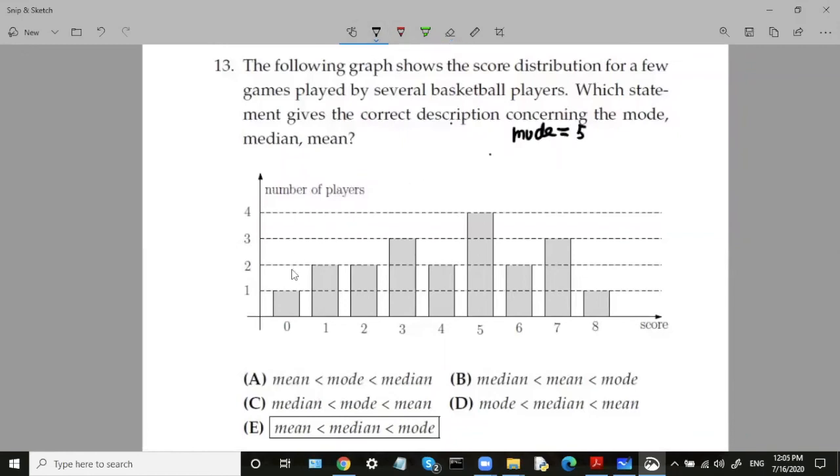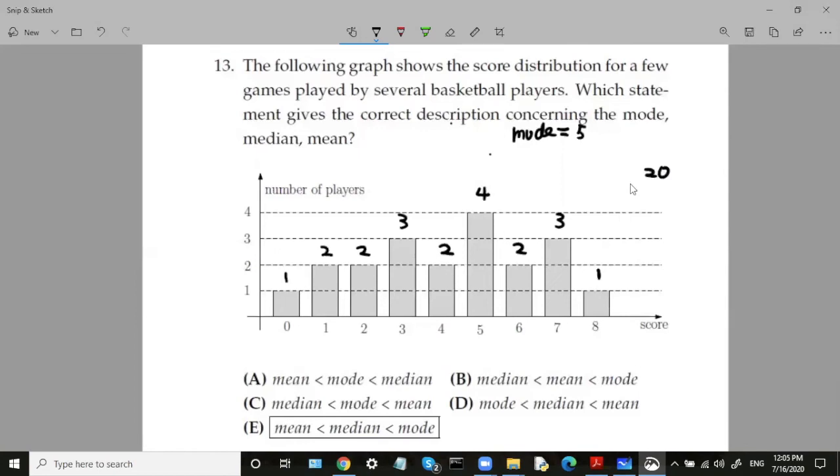So let's quickly calculate the median. We need to count how many players in total. This is 1 player, 2, 2, 3, 2, 4, 2, 3, 1. Added together, that is 20 players.